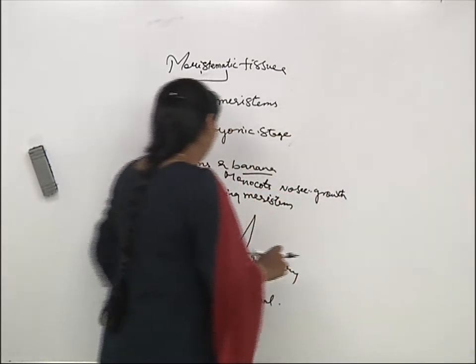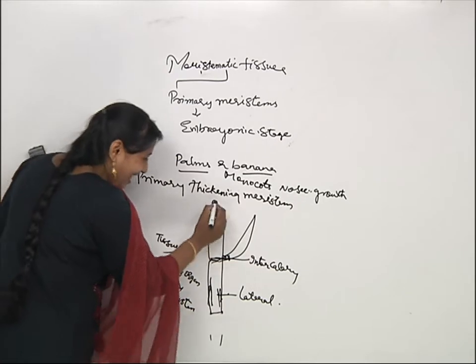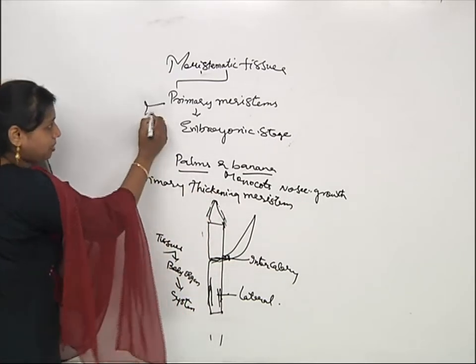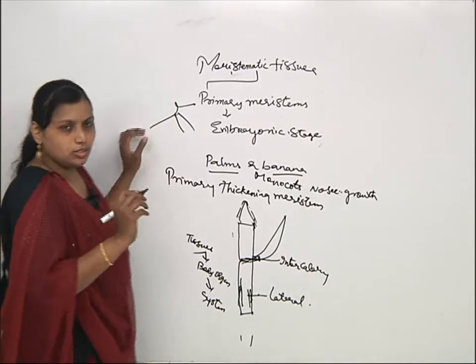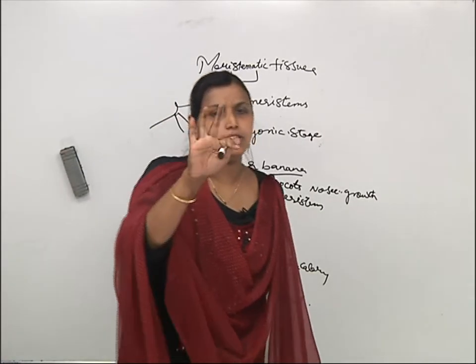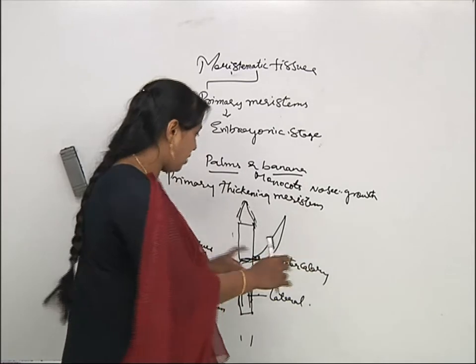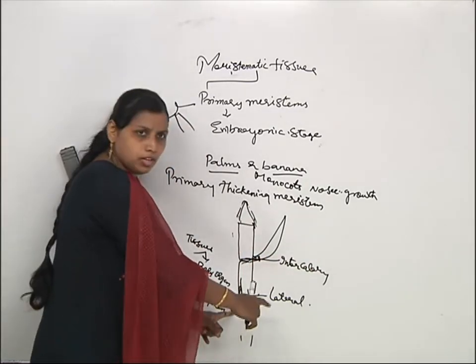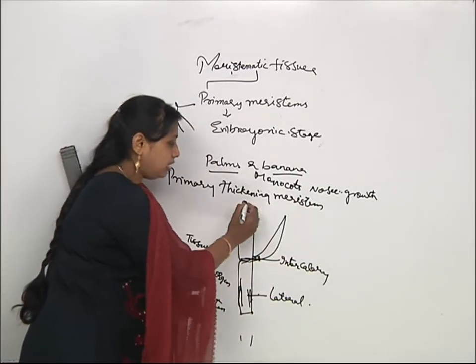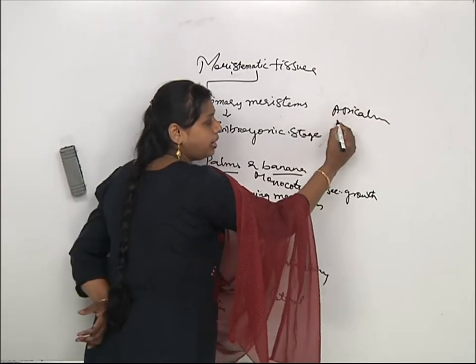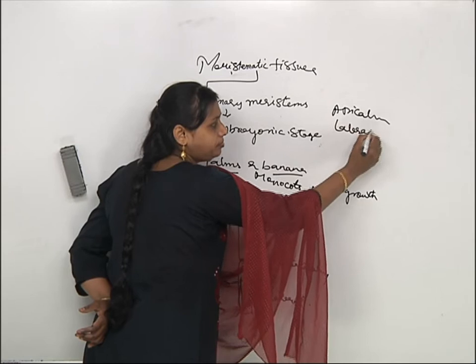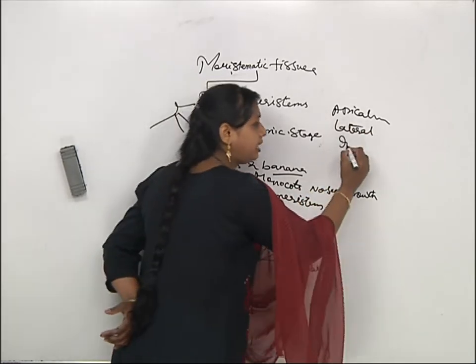Now, when we come here, these primary meristems are again divided into 3 types. This type of classification is based on position. For example, in this diagram, depending on the position, you can have apical meristem, lateral meristem, and intercalary meristems.